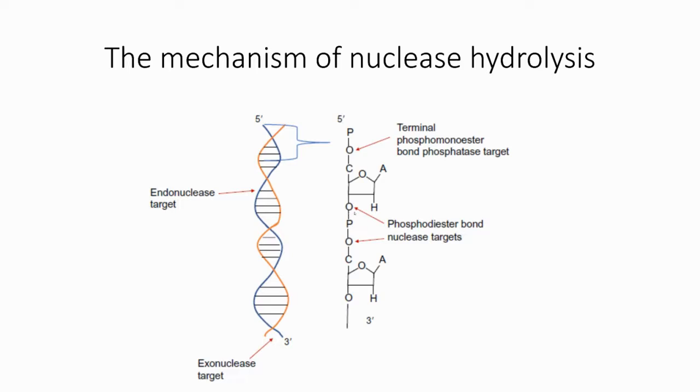They will attack this internal phosphodiester bond. Remember, this is 3' to 5' here. This is 3, this is 5. Now, this is a phosphate connected to the previous oxygen and also this current oxygen here.